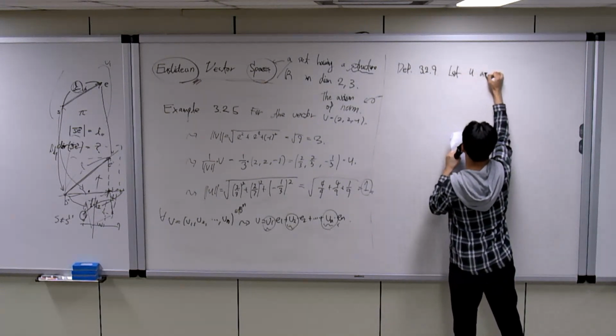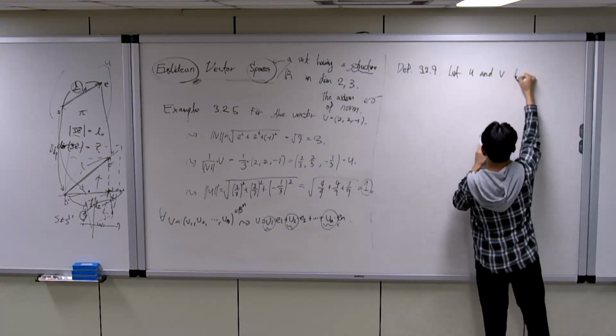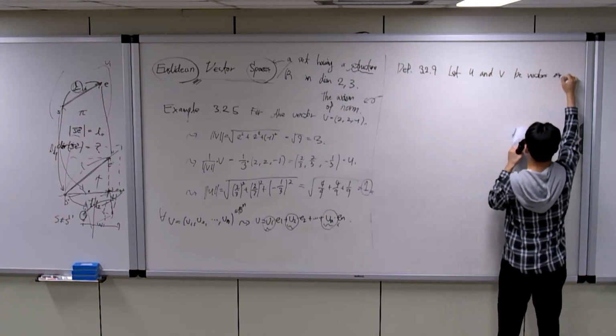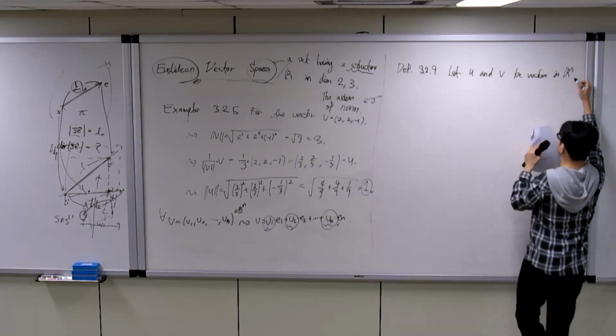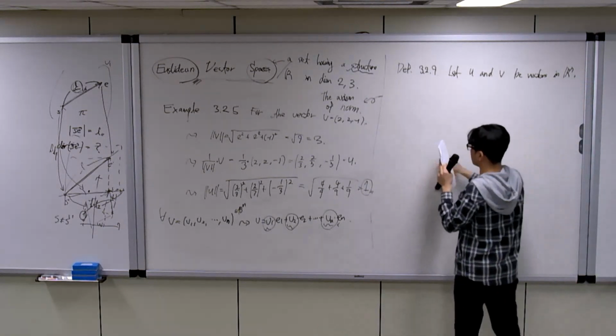So I will give two vectors in R to the n. By using this norm, we will define the distance.